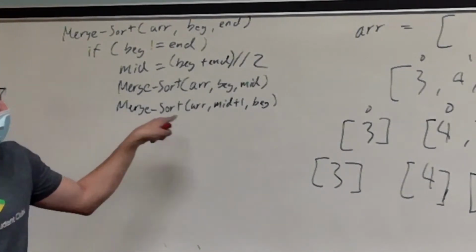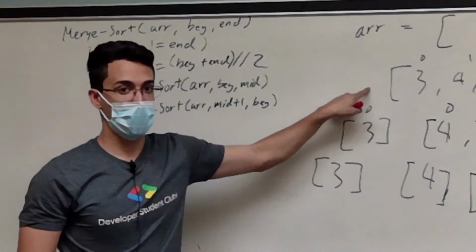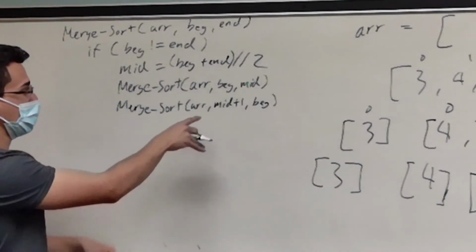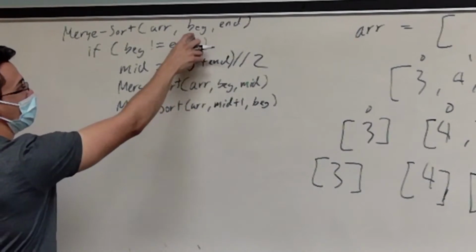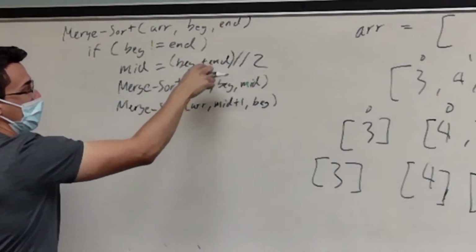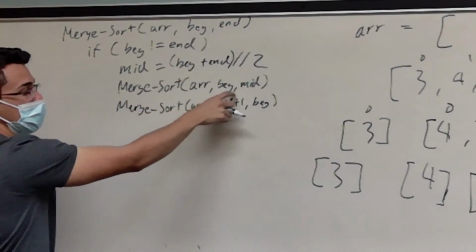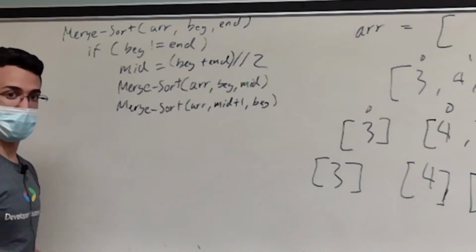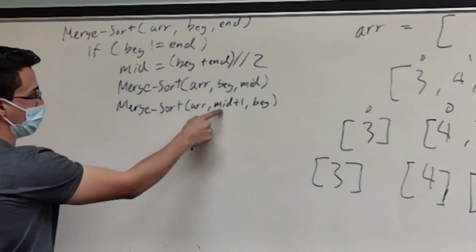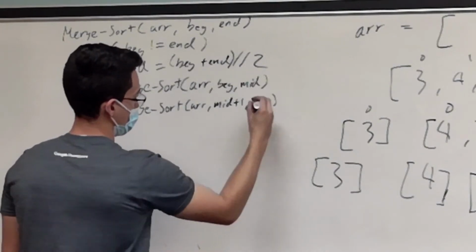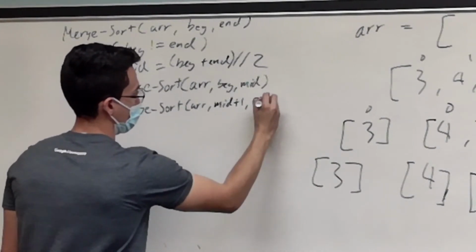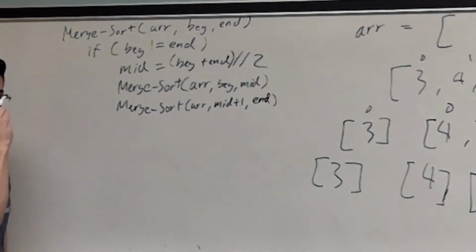It calls on itself. When I was cutting it up, it was calling on itself. I'm cutting it up into halves. So array goes beginning to mid. See, it was going beginning to end, but now I'm going to the middle. It goes from beginning to middle, so I'm partitioning it, and I'm going from middle plus 1 to end. Okay? So these are both halves.